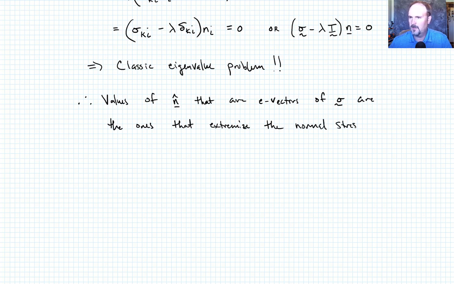Finding the eigenvectors of sigma gives the directions in which the normal stress is maximum or minimum.